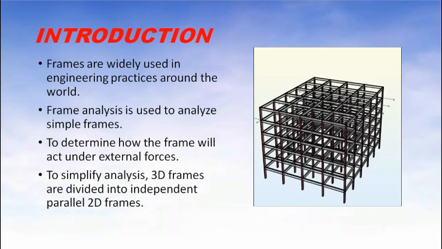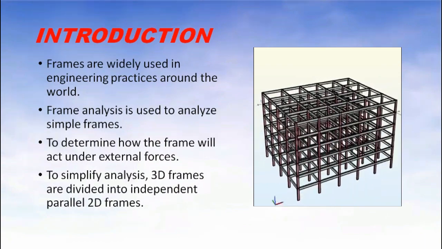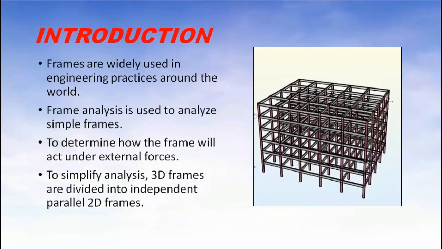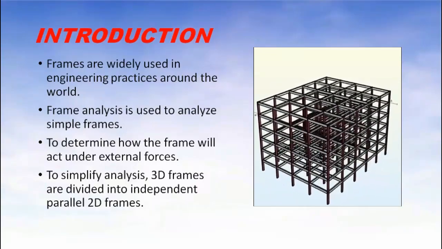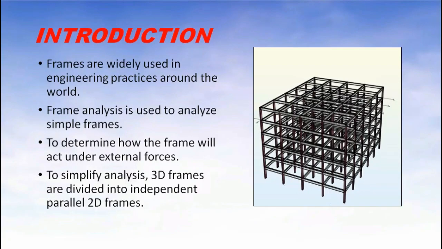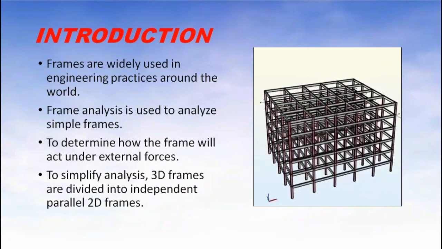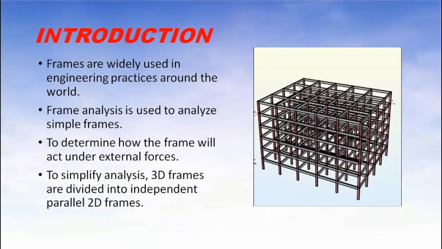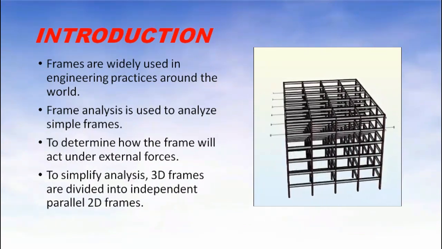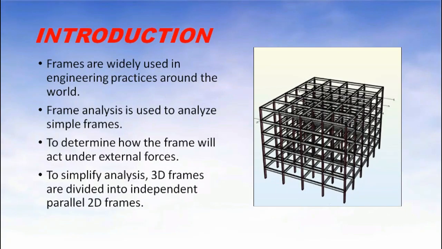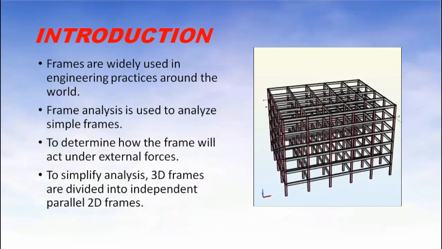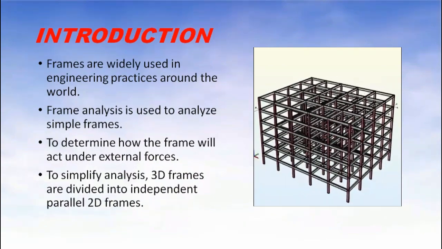The structure is a three-dimensional composition of the floor slab, beam, column, and footing, which are monolithically connected and act integrally to resist vertical load and lateral load. The analysis of a 3D frame considers the real behavior of the structure, but it is more complicated since the structure is highly indeterminate.